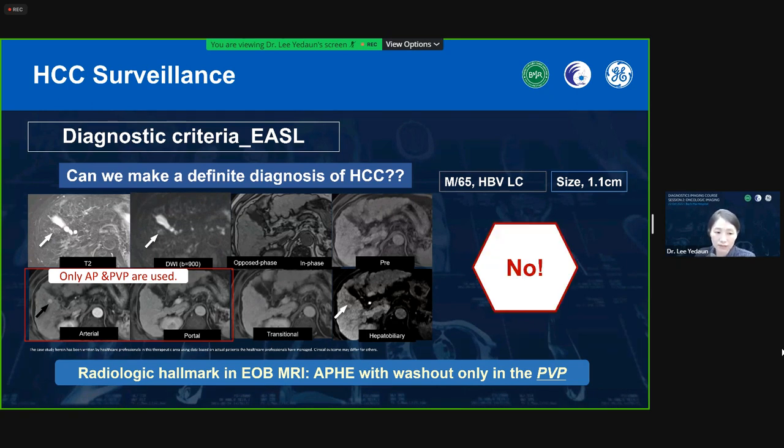So we cannot diagnose this lesion as HCC. I suppose it's somewhat ridiculous not to consider information from the other sequences. In fact, what's the point in performing EOB MRI if we are not allowed to utilize the full information?